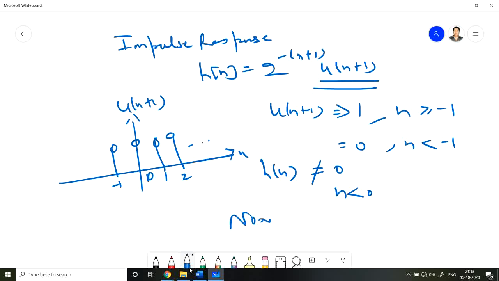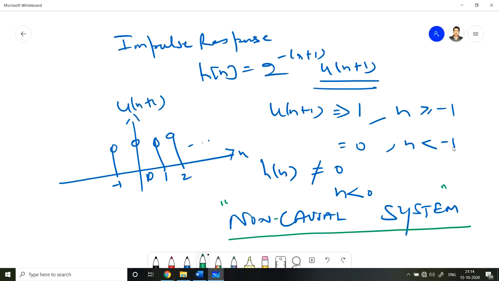So this is a non-causal system, because the impulse response is not 0 when we have n less than 0. So this is basically the non-causal system.